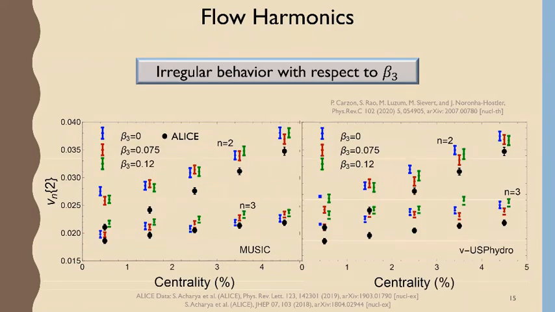Okay, so looking at this a little more differentially and closely, if you look at the point-by-point view of these VNs for the MUSIC and VUSP hydro as compared to data, you see that there's an irregular behavior with respect to the beta 3.